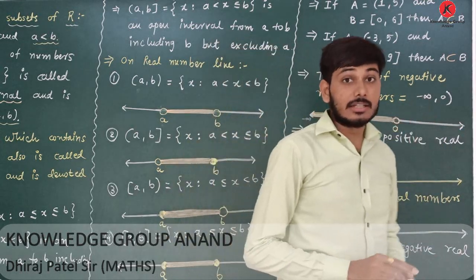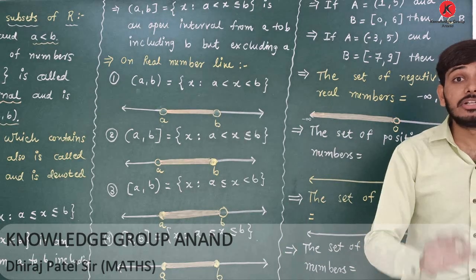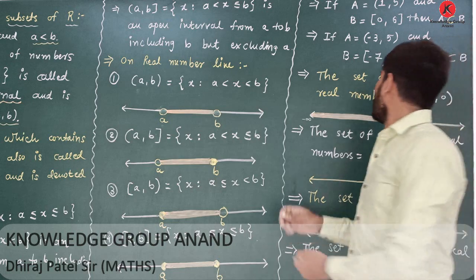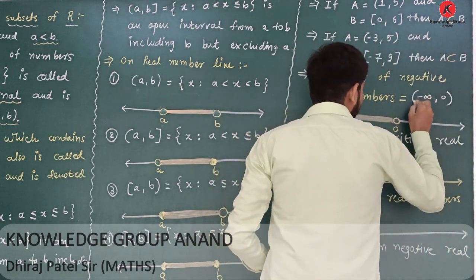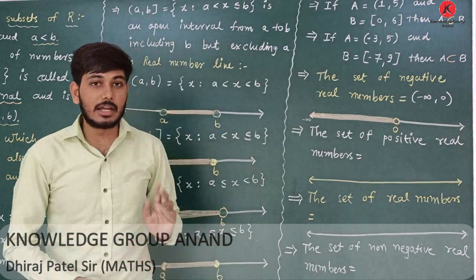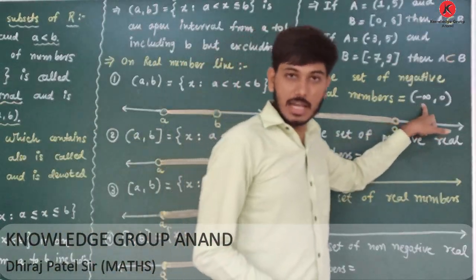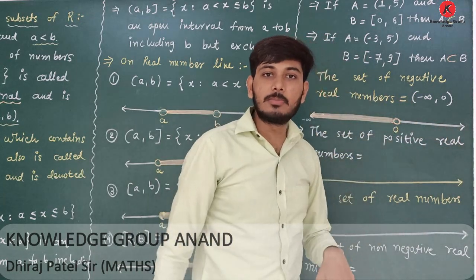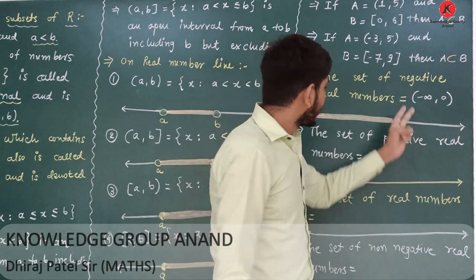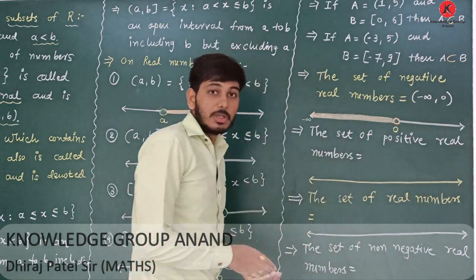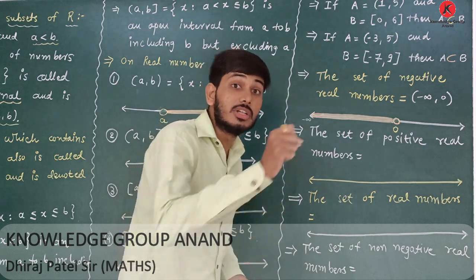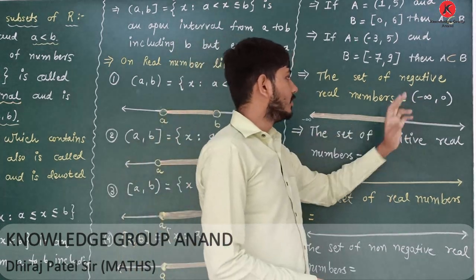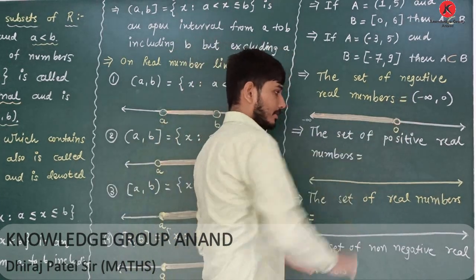Infinity is not a proper number, so for the infinity side you always have to put an open or small bracket, because infinity is not a defined number. Clear? That is the reason we use a small bracket here.